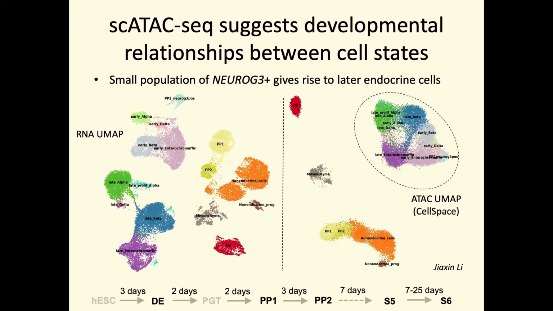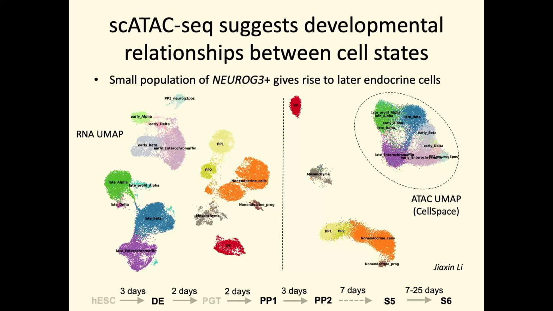So this is the protocol. It's a 7-stage protocol. It takes a long time. You start with pluripotent stem cells, definitive endoderm. We're skipping the foregut or gut tube, then pancreatic progenitor 1, 2, and then the early and late endocrine stages. I'm showing you a UMAP of the RNA and also of the ATAC.